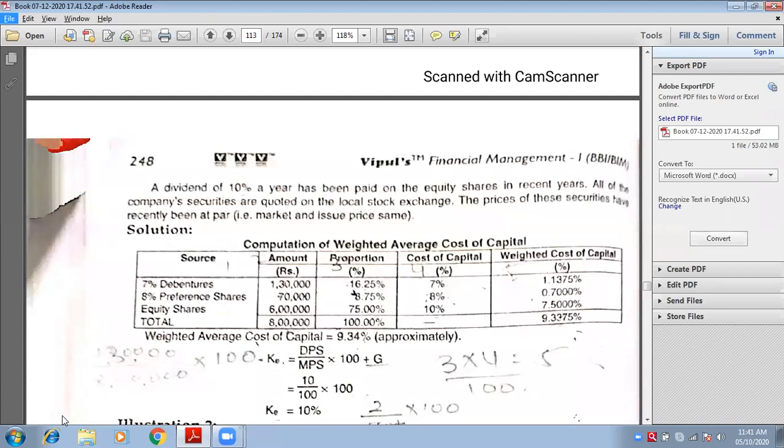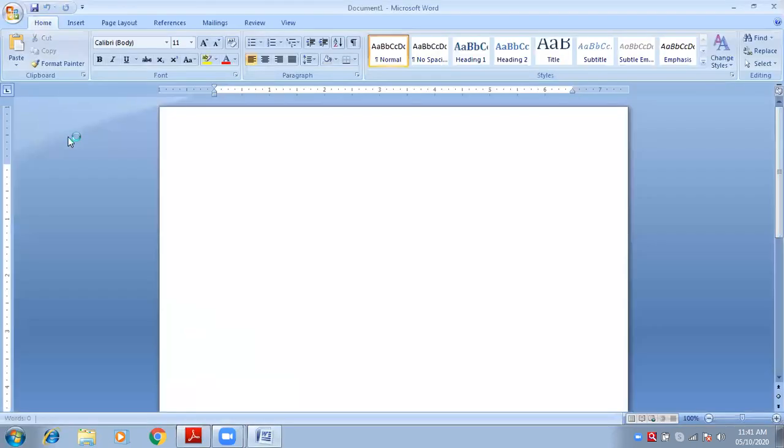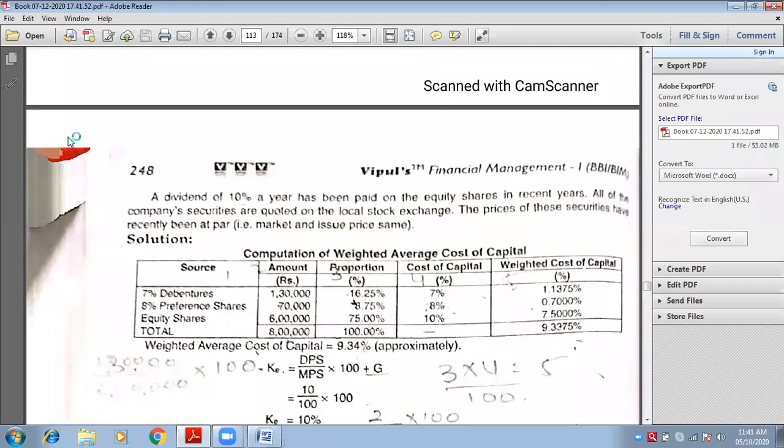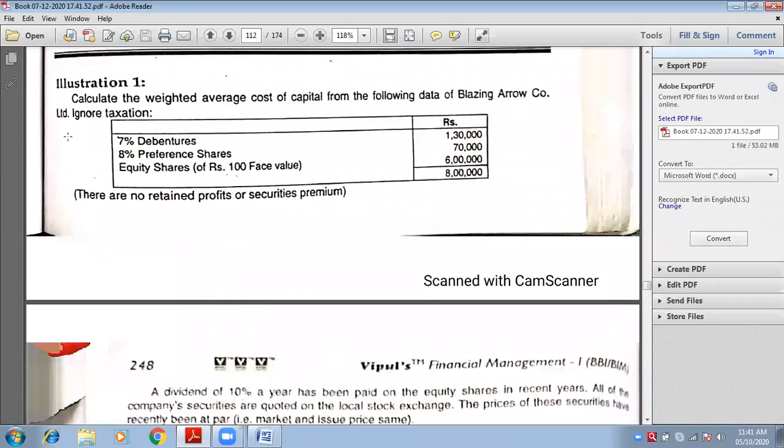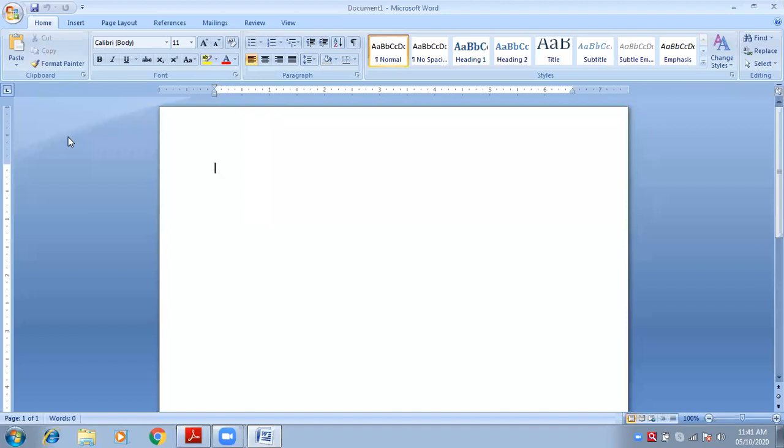So let me do it for you. And as I keep doing it, you also keep doing the sum along with me, okay? So we will look at the question first. Now, Blazing Arrow Company Limited. So what we will write on the topmost part, wait, let me just write down the name of the chapter.